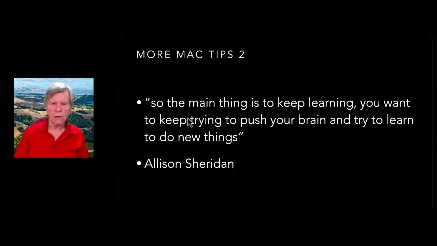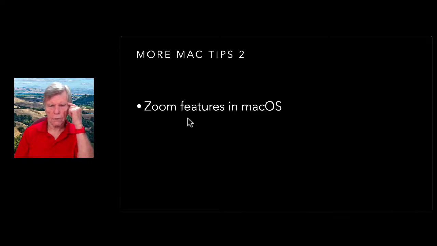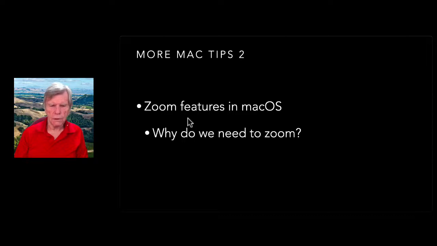So we have a new thing that you can use to push your brain and exercise that muscle. And that feature is Zoom. It's built in to your Mac operating system, so nothing to buy, it's already there, you just have to use it. So why do we need Zoom? Well, I don't know about you, but I don't read things as easily as I used to.